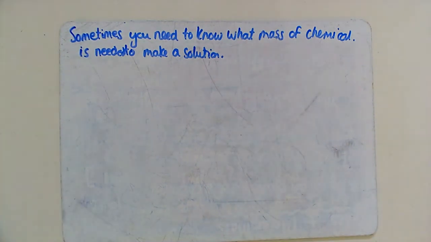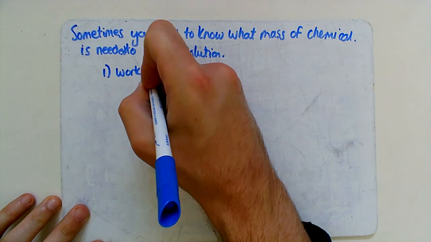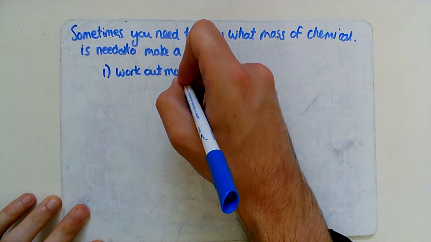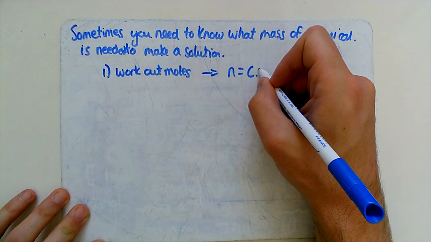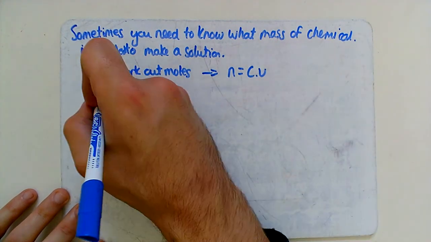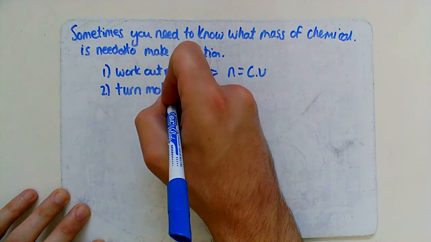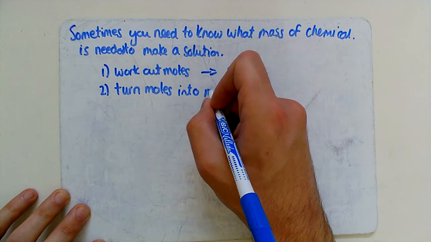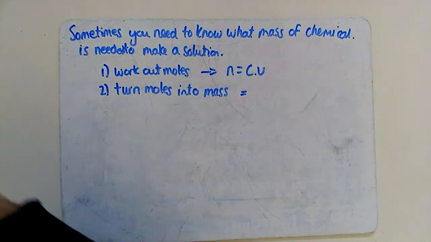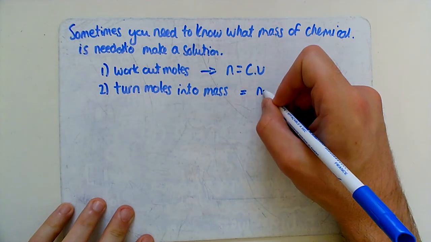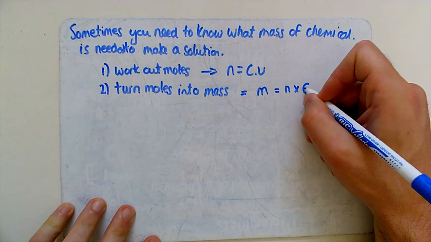And when this is the case, what you do first is work out moles, and for that you're going to use N equals C times V, and then turn moles into mass. And for that one, you're going to use M equals N times GFM.